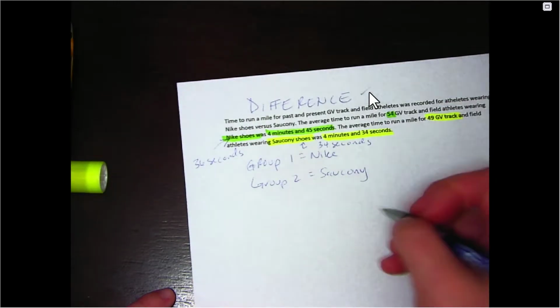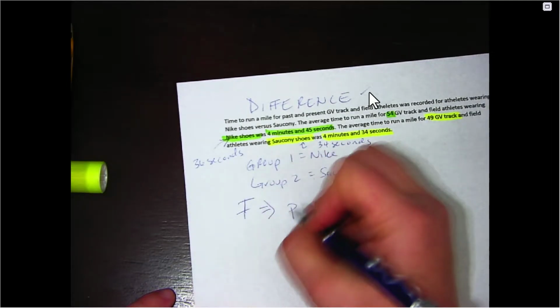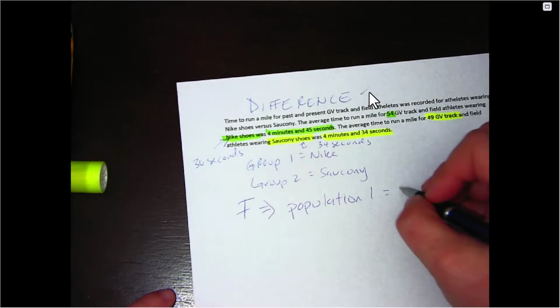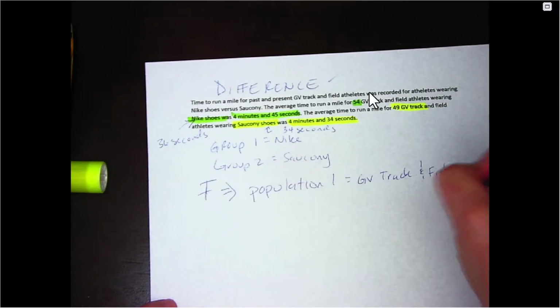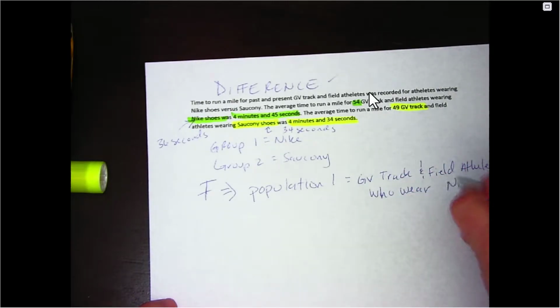So now to start our FRED method, we have F and start with our two populations. So population 1 would be GV track and field athletes who wear Nikes.